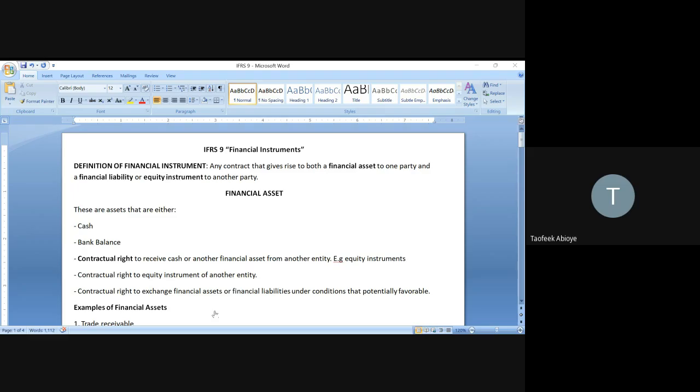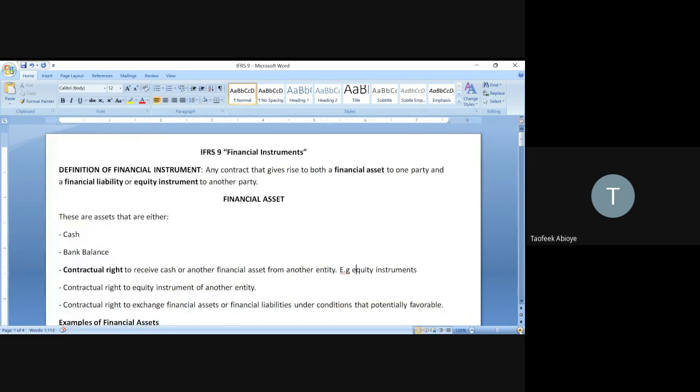That is what I was explaining. When you exchange it and it is favorable to you, you can exchange it. This is the definition of financial assets in line with the standard.